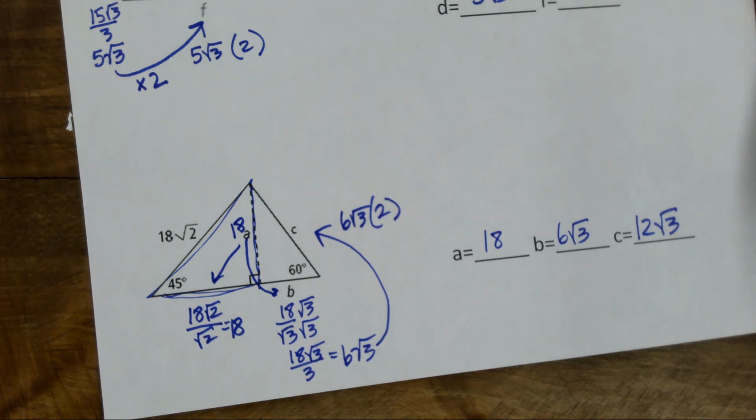That's okay, I get what you're saying. So then you just cancel that out and you're left with the square root of 3. And then this would be just 2 times, so you just stick a 2 in front of it. Good question.